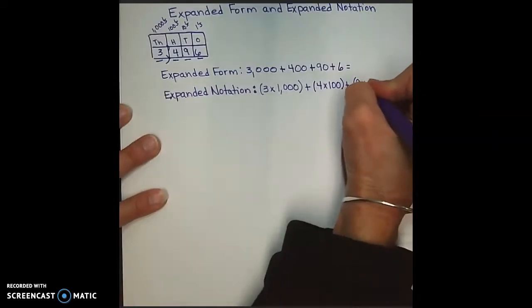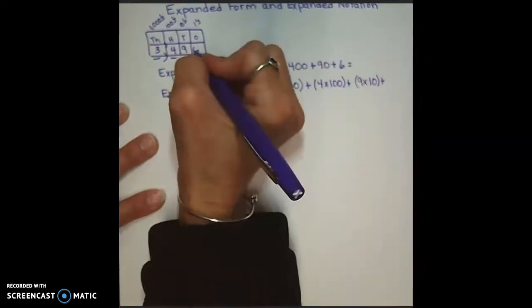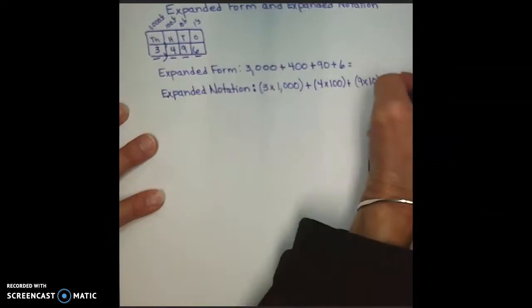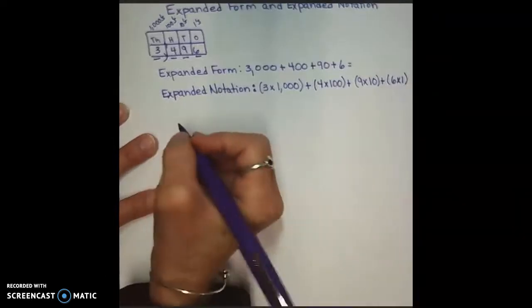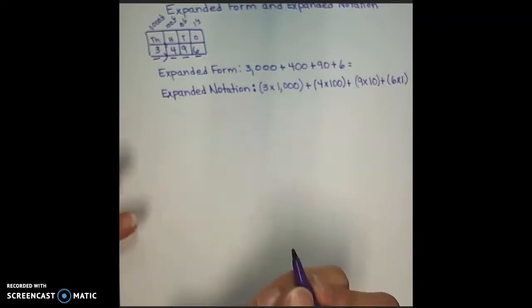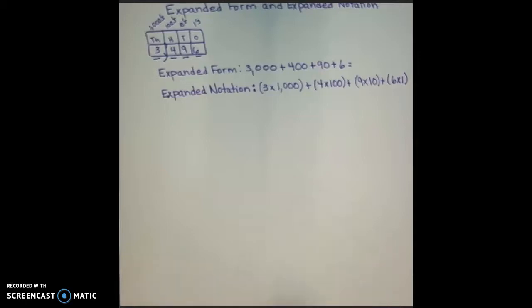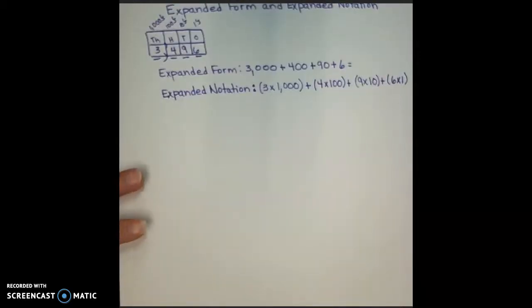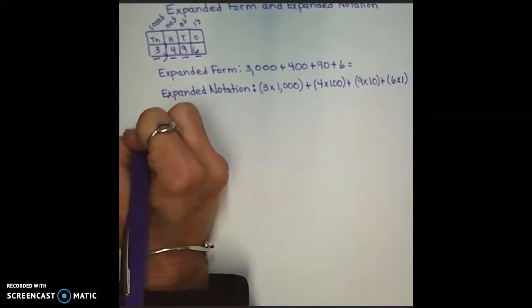Parentheses, 9 groups of 10, plus I move to my ones place, and I have 6 groups of 1. Okay, so that is my expanded form and expanded notation for 3,496.